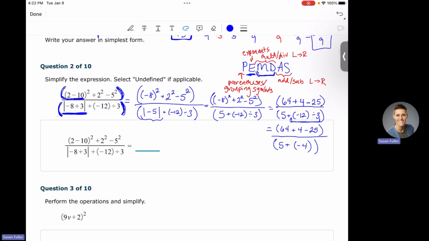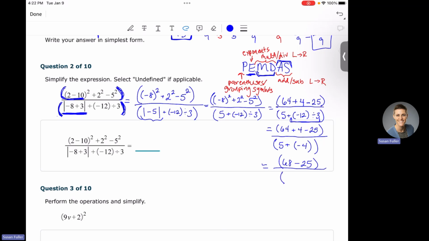Okay, so now we've done the division. And now to finish off inside each of these grouping symbols, we are going to do our addition and subtraction together, again from left to right, the order in which they appear. So on top, we would do 64 plus 4, which is 68. And then we have that minus 25.